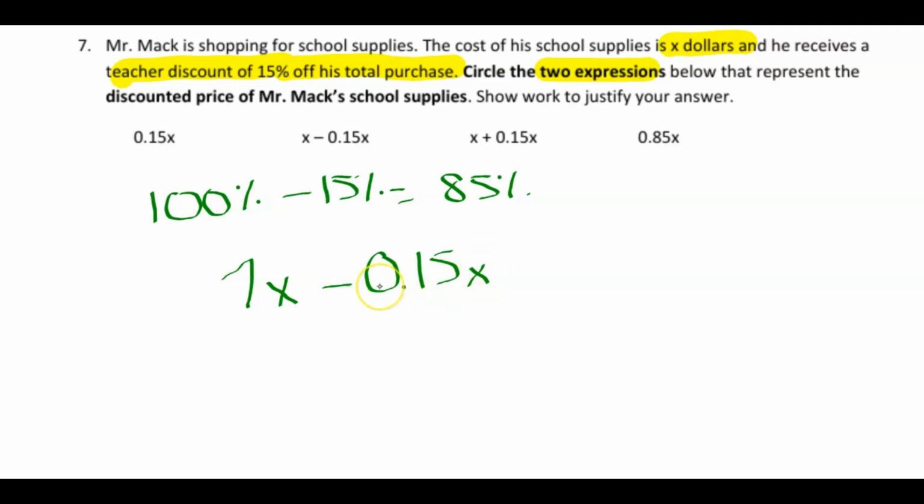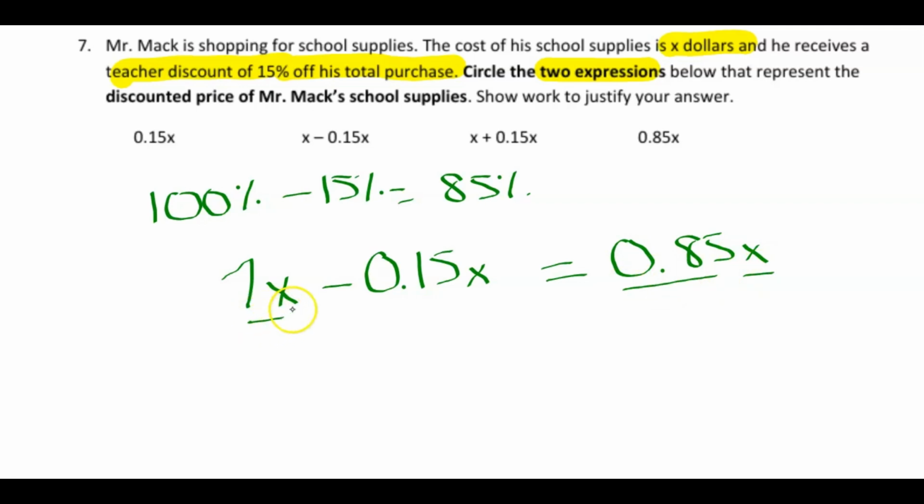From there, you think about it as, 1 whole times the original price is the original price, minus that 15% off of that original price. That ends up giving us 0.85x, because he is paying 85% of that total purchase.